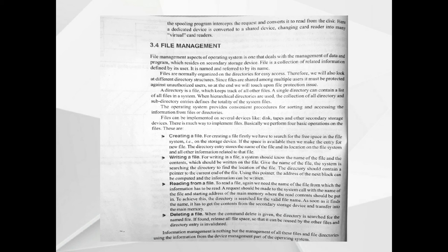Files are normally organized in directories for easy access. So under file management, what happens in the operating system? How does the operating system take care of the files? Normally, when you're installing a software, a directory is created, and under that directory similar files are kept.